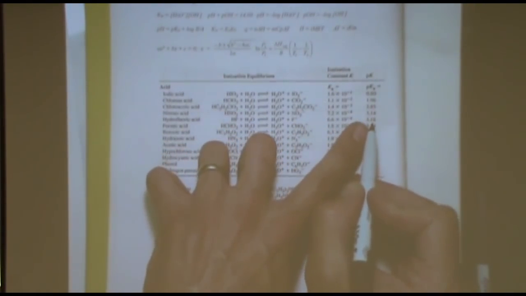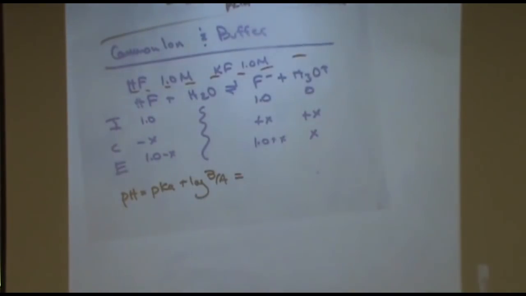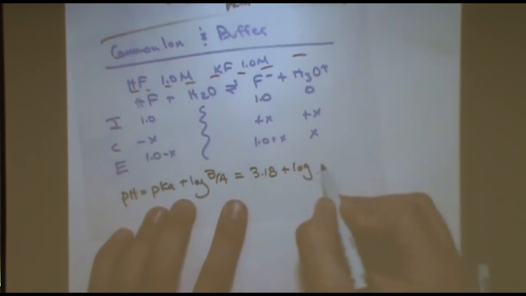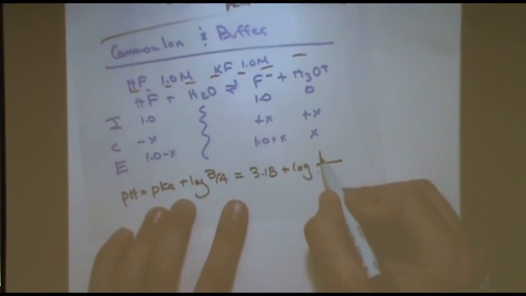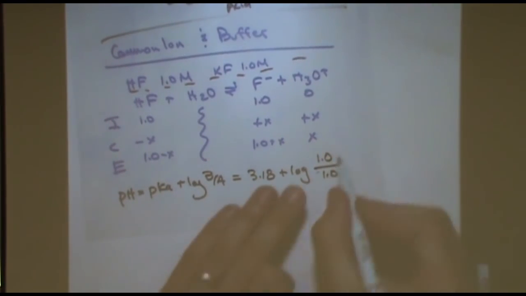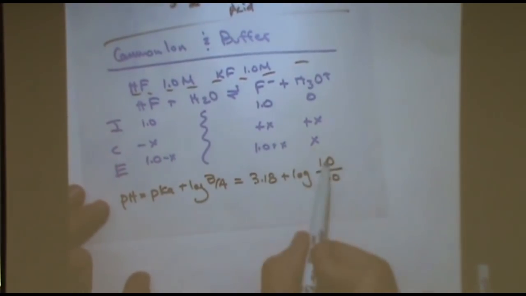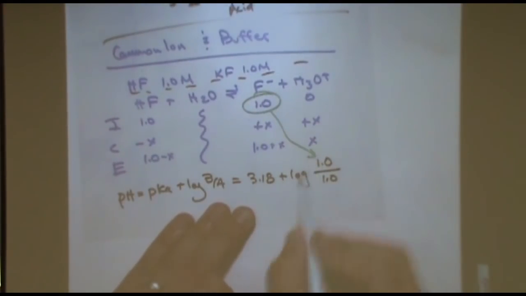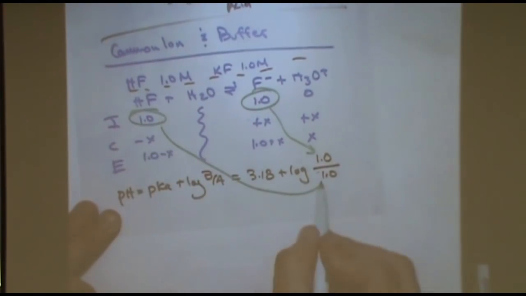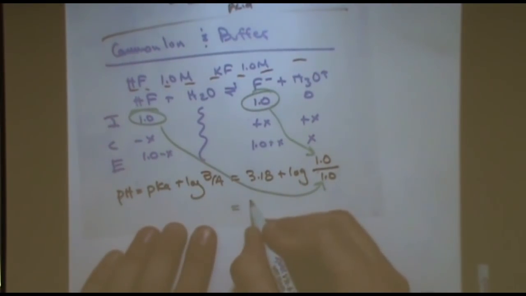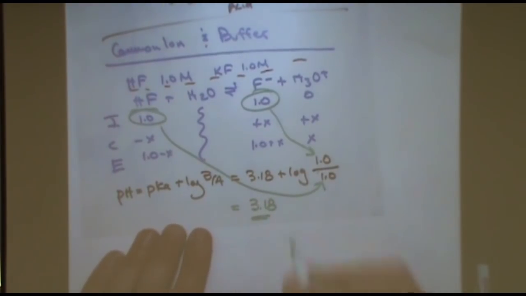So you go HF right there, 3.18 from the table in the back, plus the log of what number? 1, well, over 1, but let's see where those numbers come from. This one, is that the F- or the HF? F-. Yeah. This goes here, and then this one is that one right there. What's the log of 1? 0. Okay. Good, good. I was a little nervous when I asked. That's going to be 3.18.